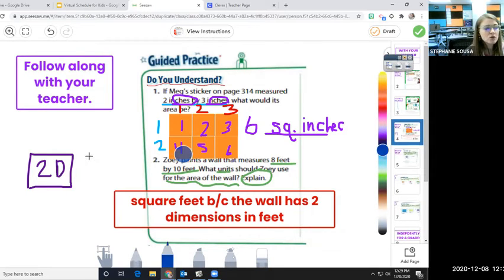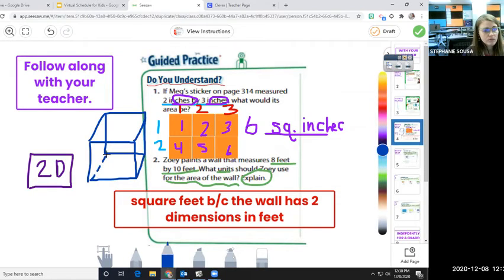When we get to 3D shapes, that's where we can see 3 things. In 3D shapes, we can see the top to bottom, the left to right, and the front to back, or in front of and behind.